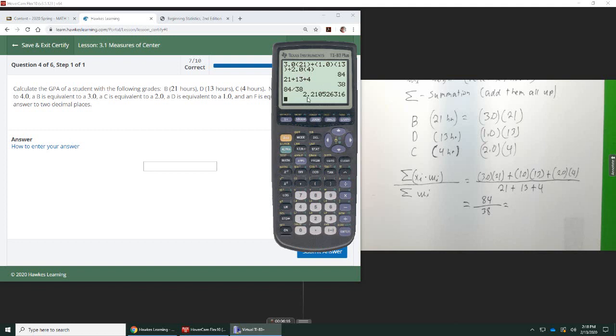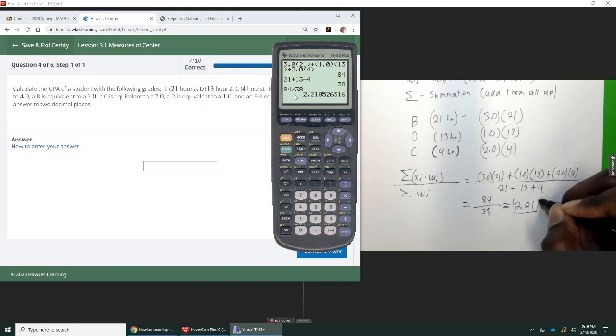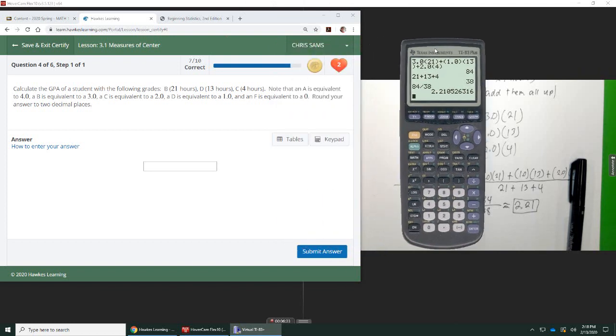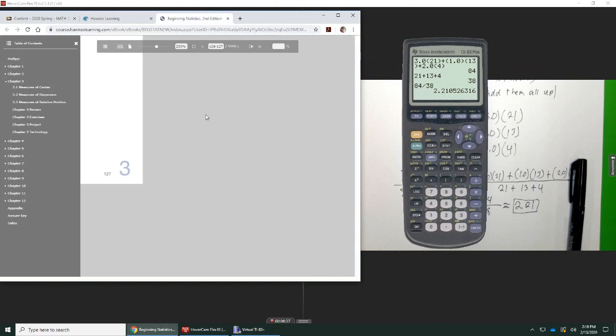And we get a GPA of 2.210. So this 0 will not make this round up, so just 2.21. So rounded, 2.21. Okay, so let's see if we can follow these directions from the book to see if you can get the same thing, 2.21.